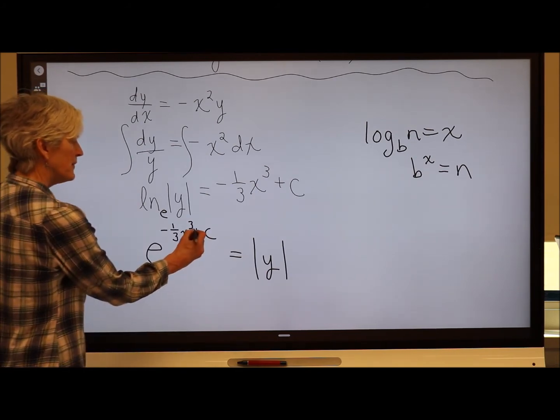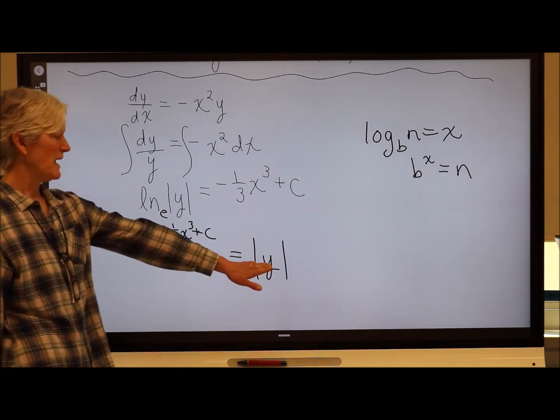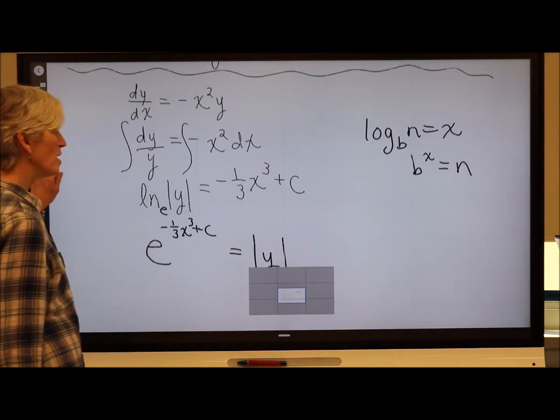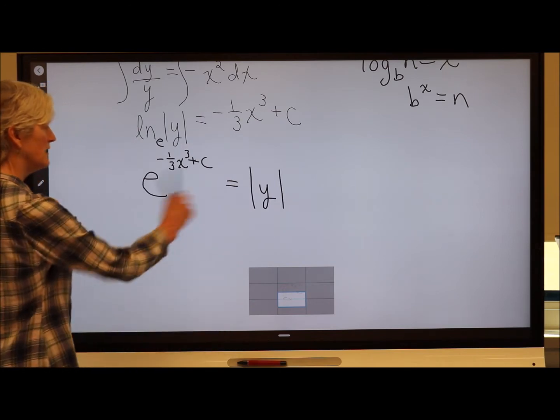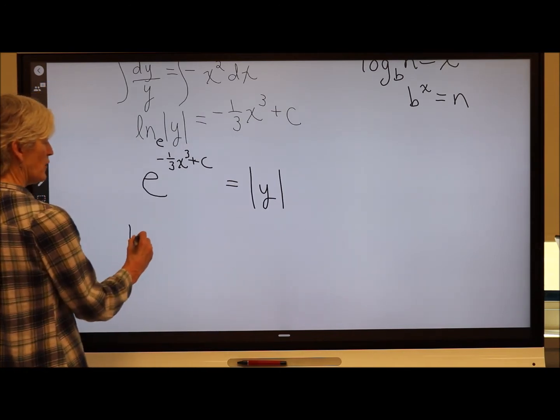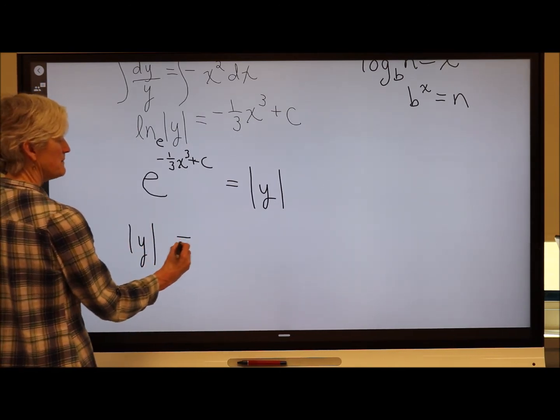Okay, now, you might think you could leave it like this, but we are going to continue, and I'm going to show you kind of the standard protocol here. Let me bring the y over on this side just because I feel like it.